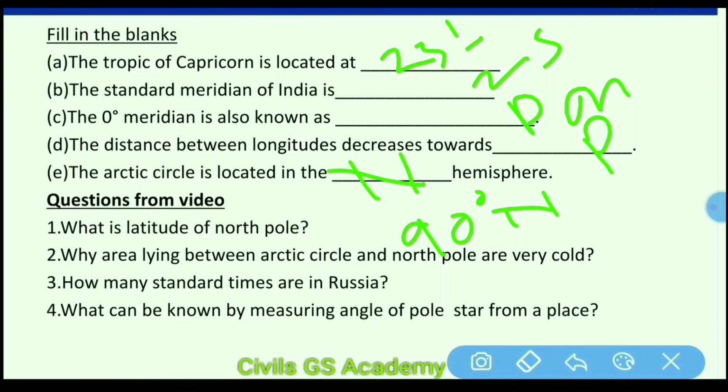Now question number 3. How many standard times are in Russia? I have told it to you earlier. You should give the answer to me. Now question number 4. What can be known by measuring the angle of the pole star from a place? It is latitude.